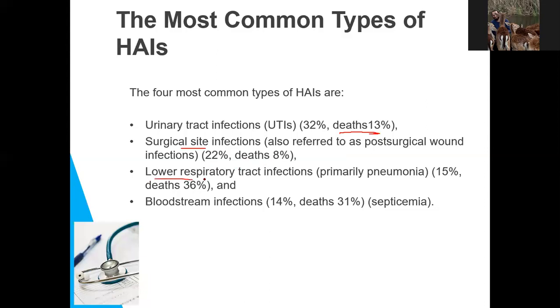Then we have lower respiratory tract infection. We are talking about the lower, not the upper respiratory tract, mainly pneumonia, and as we said a while ago, the mortality rate can reach 35 to 36%. Bloodstream infections due to contaminated injections, blood transfusion, sharps accidents, and so on represent about 14%, and the mortality rate is the highest after pneumonia, 31%, mainly manifested in the form of septicemia.